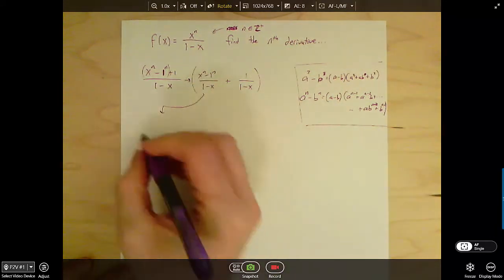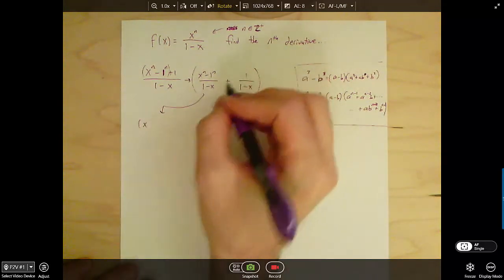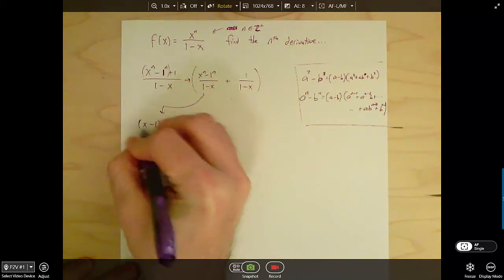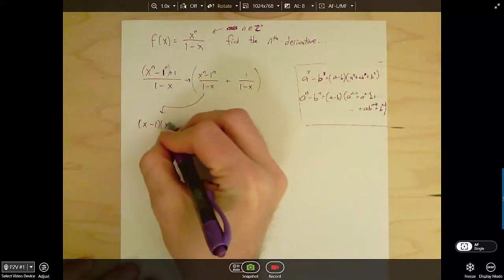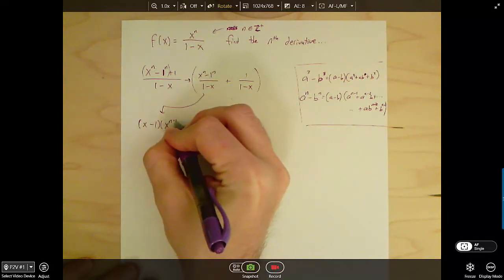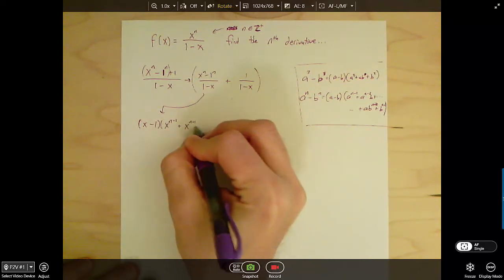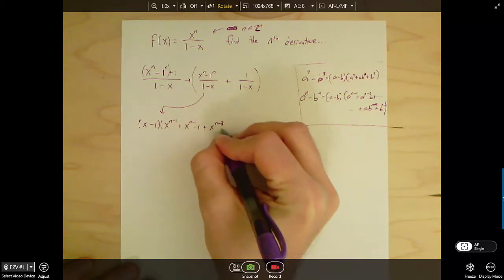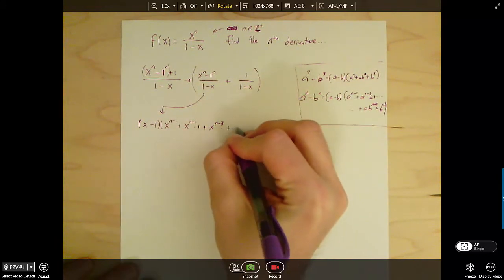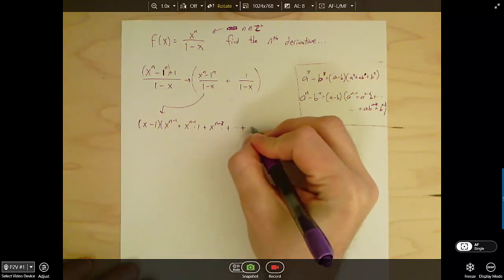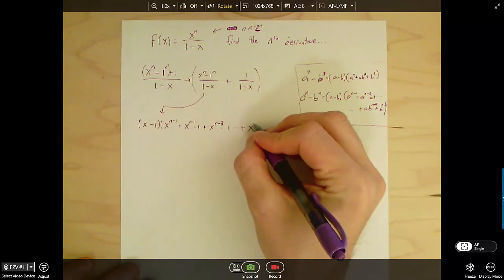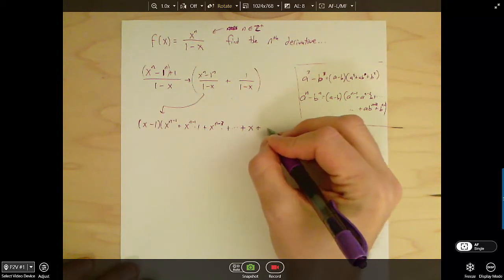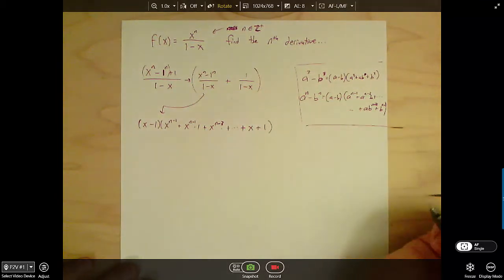So here I'm going to rewrite this as x minus 1 times x to the n minus 1 plus x to the n minus 2 times 1 plus x to the n minus 3 times 1 squared, which is just 1, and so on, until eventually I get down to x times 1 to the n minus 2, and then plus 1 to the n minus 1.